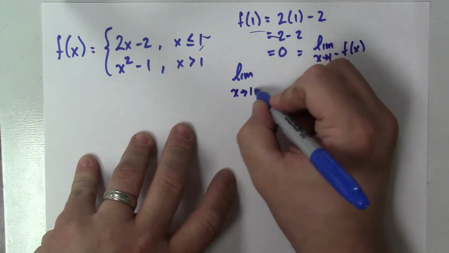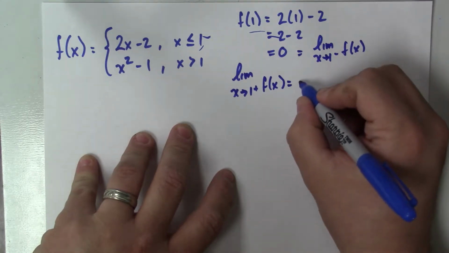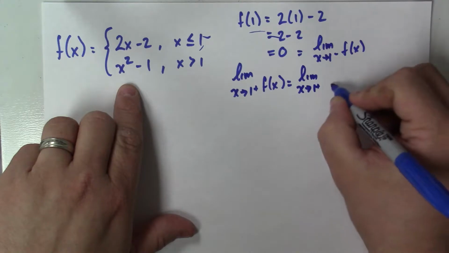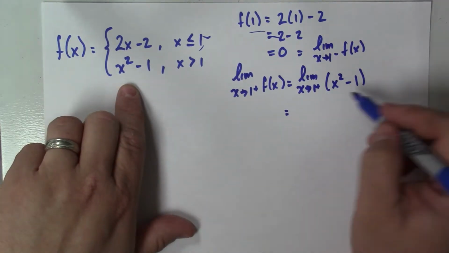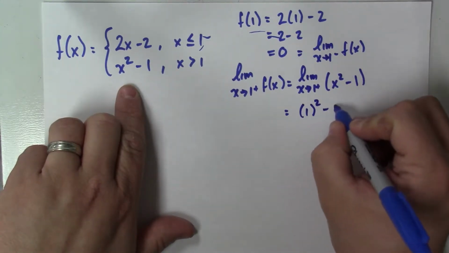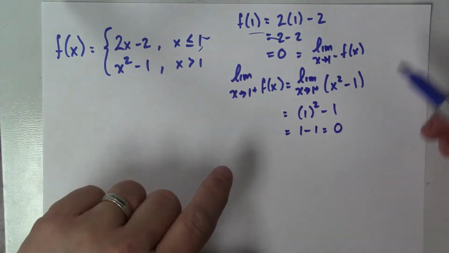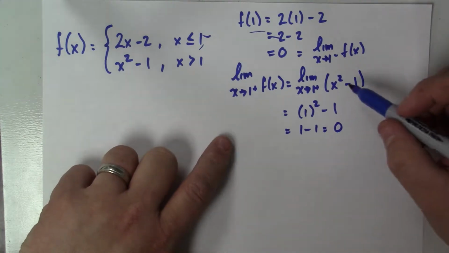So the limit as x goes to 1 from the right of f of x is the limit of x squared minus 1, which I can just plug in because that's a polynomial, so I've got 1 squared minus 1, 1 minus 1 is 0. So the limit from the left, the limit from the right, and the function value are all the same.